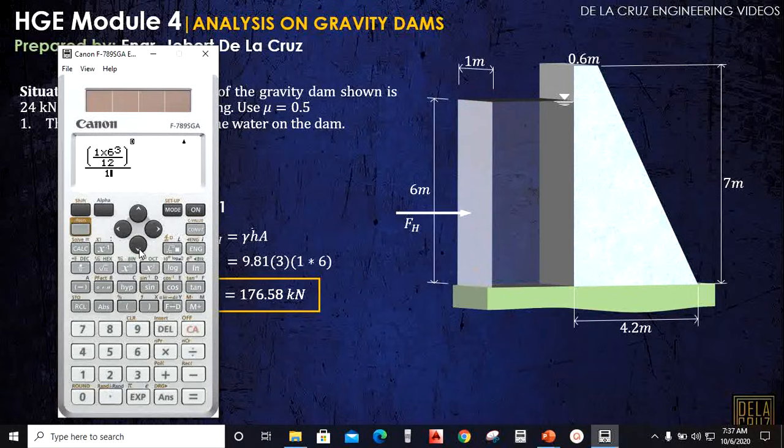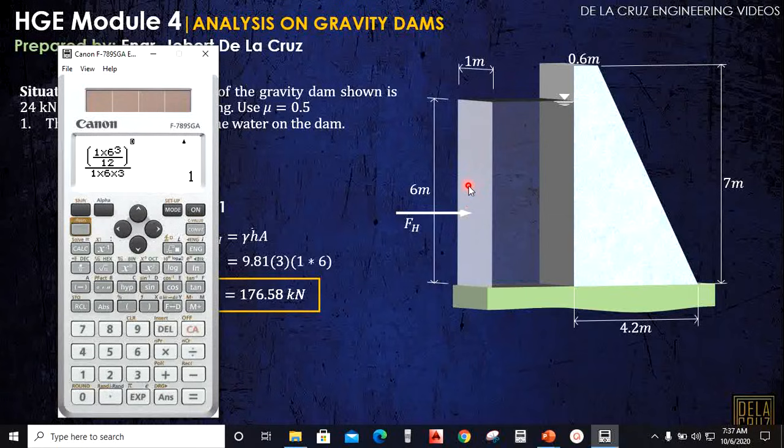Area, of course, is 1 times 6. Bar Y here is the same as our bar H since this is vertical. So bar Y is 3 meters. That is 1. Take note that this eccentricity is acting from the centroid to this point.